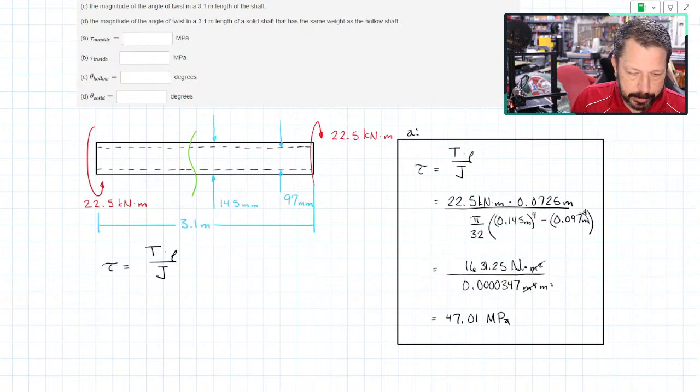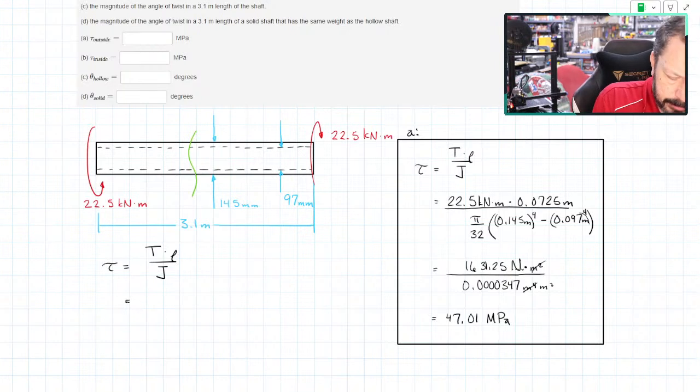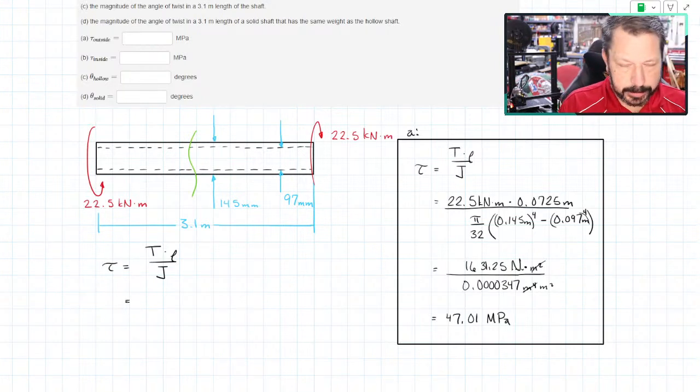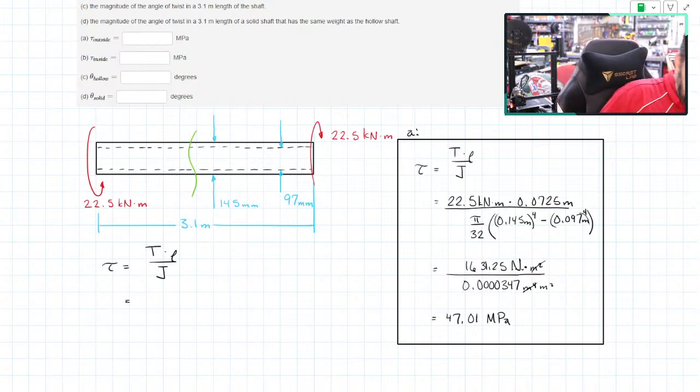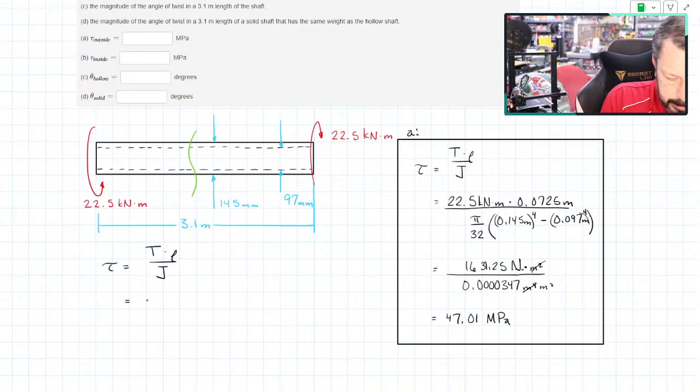No matter where I draw that green line, the internal torque is going to be 22.5 kilonewton meters. We'll do some where that's not true later on, but for this one that is true. So the torque is the same, 22.5 kilonewton meters.